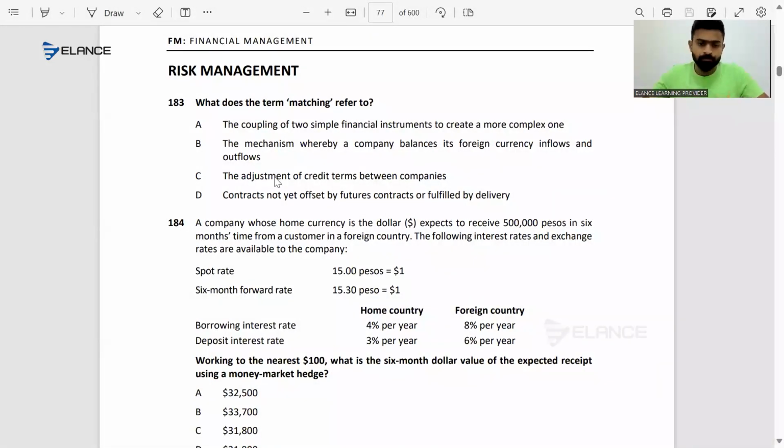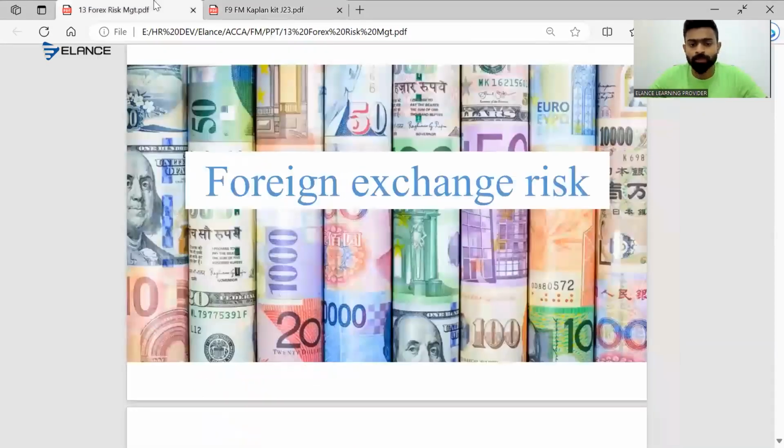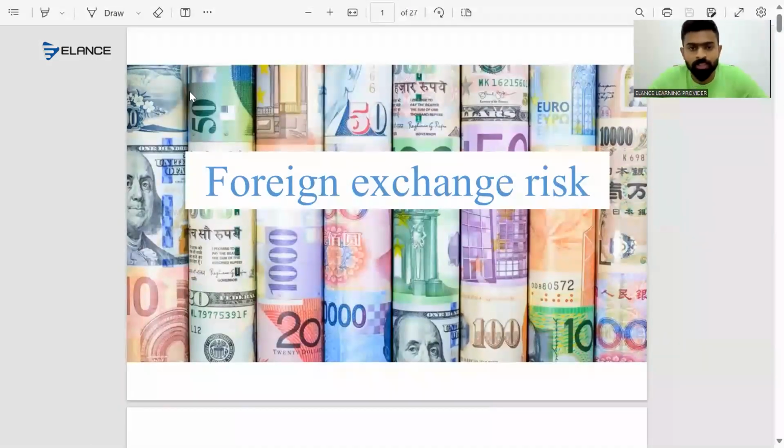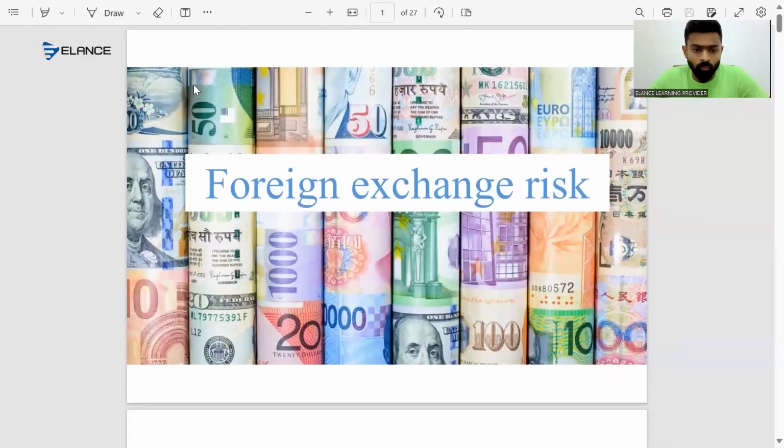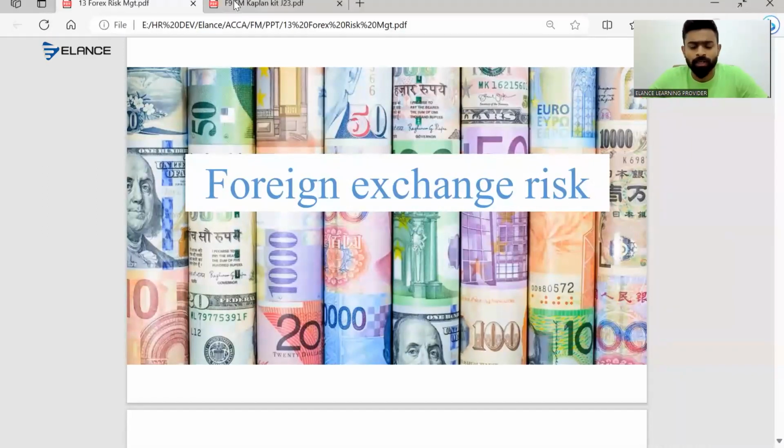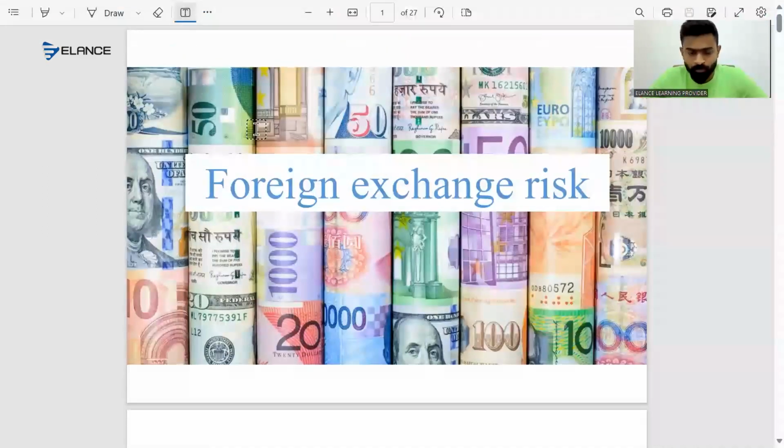So let's start. There are two chapters in our risk management module: one is forex risk and the other one is interest risk. If you open the file in Word in this manner, you will have the opportunity to type in the file itself.